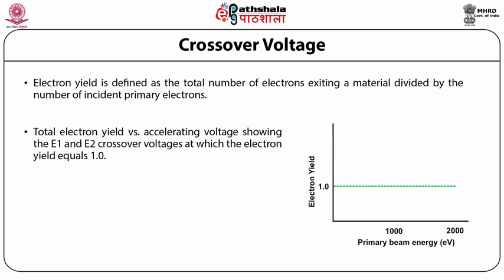The part of the curve for voltage values greater than E2, where electron yield is less than 1.0, is known as the negative charge region, in which the number of electrons exiting the sample is less than the electrons entering.